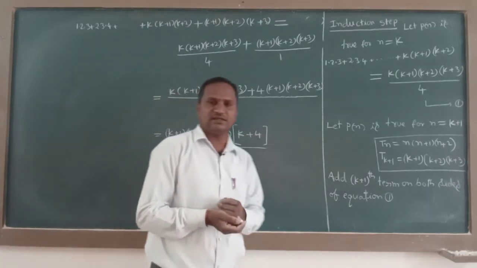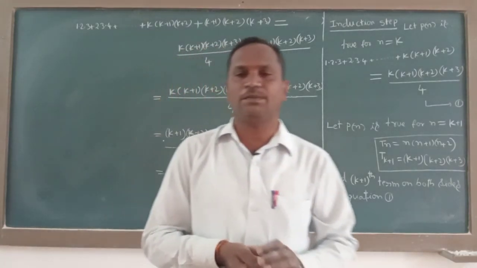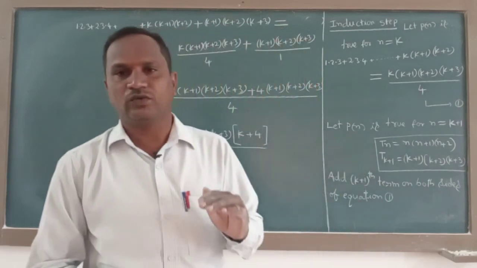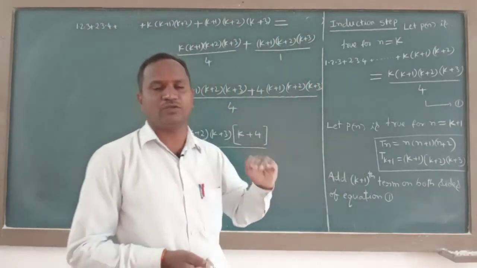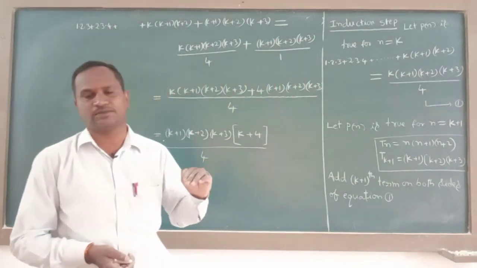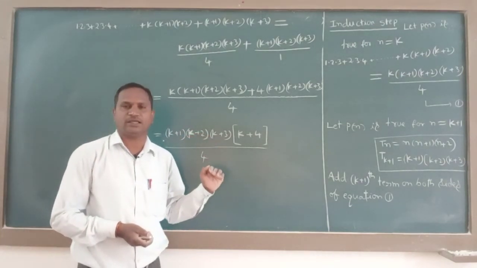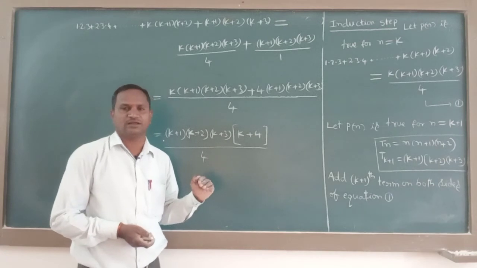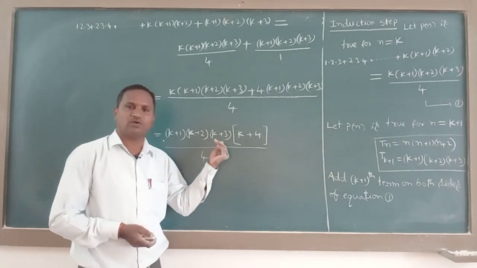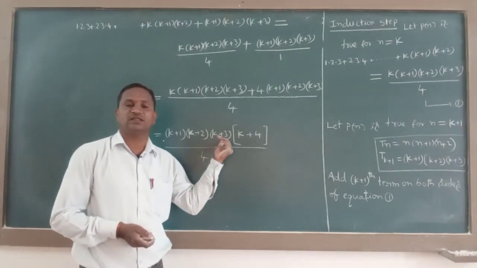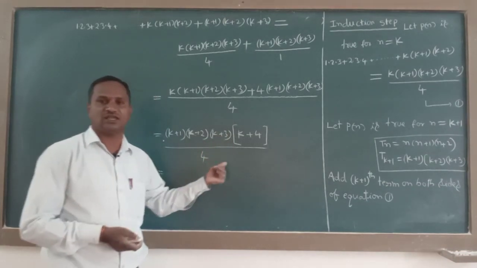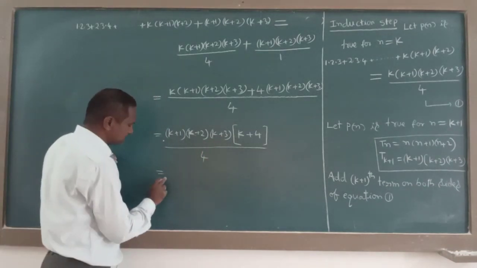Finally the answer should be in terms of k plus 1. That's why we must give the last step modification in k plus 1 terms. That last expression should be in terms of k plus 1. We are going to modify each and every term in the form of k plus 1s. I will show you now.